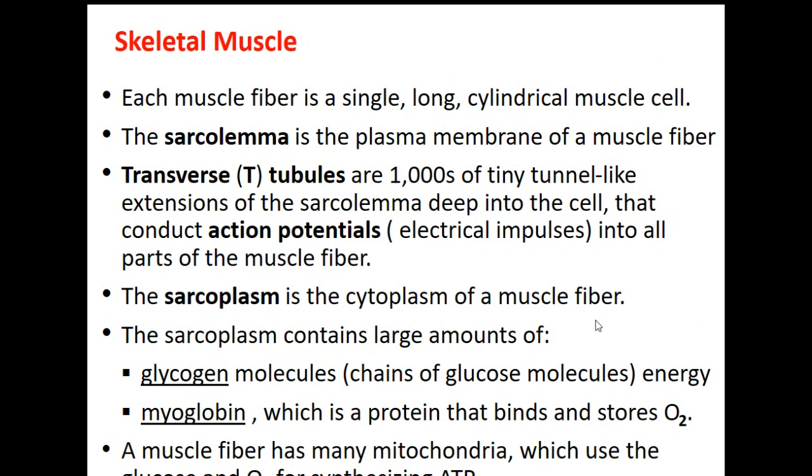If you've got more glucose in your blood than you need, that glucose will be put together into long chains called glycogen and saved for later. And we save glycogen in our livers and also in our muscle tissue, because your muscles use a lot of glucose for energy, for making ATP, and the ATP provides the energy for doing this. We'll see how. There's also this stuff called myoglobin stored in the inside of muscle cells.